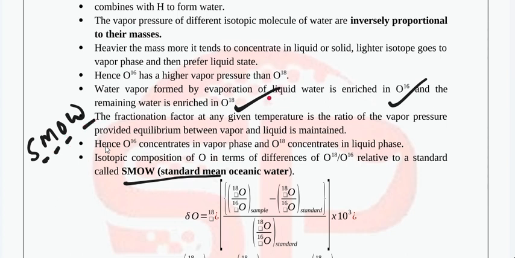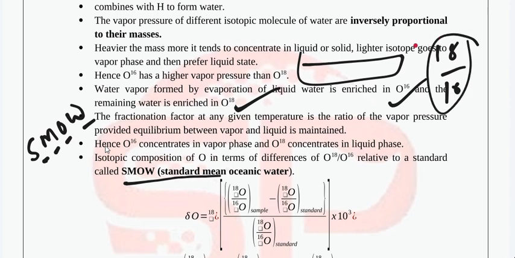It means we have to take some samples from the ocean and analyze the oxygen 18 by oxygen 16 ratio there, and that will be the standard. As the ocean is a very vast reservoir of oxygen and H2O, its isotopic ratio varies very little.